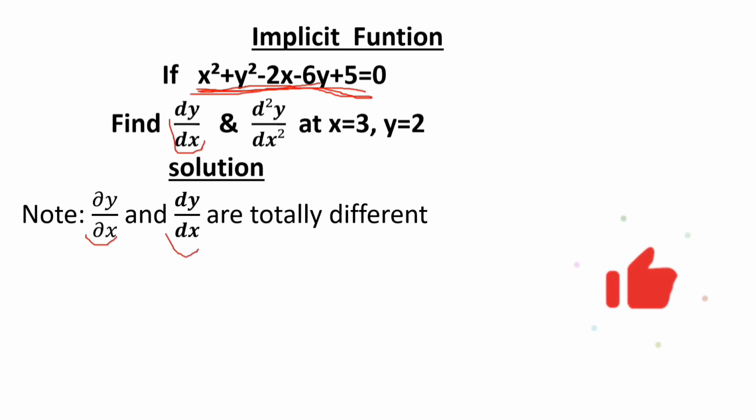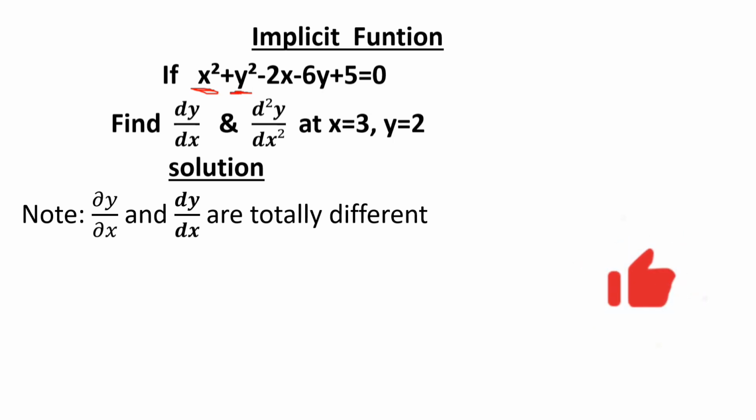If it is partial derivative, look at this one. Partially, I'm differentiating with respect to x. Since it is partial, the word partial means I will not consider all, I will consider some parts and leave some parts. So I will only consider y with respect to x only. Anything that does not have x will change to 0.